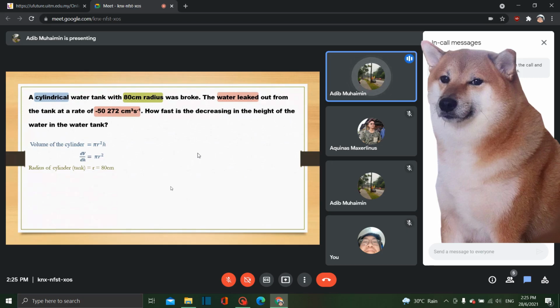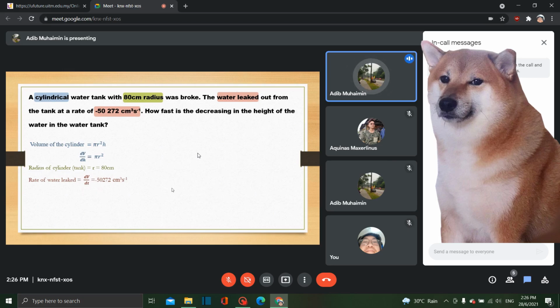So this is the rate. We can know that it is dV over dt because we have cm³, which means volume, and second, which means time. So it will be dV/dt equal to negative 50,272 cm³ per second.